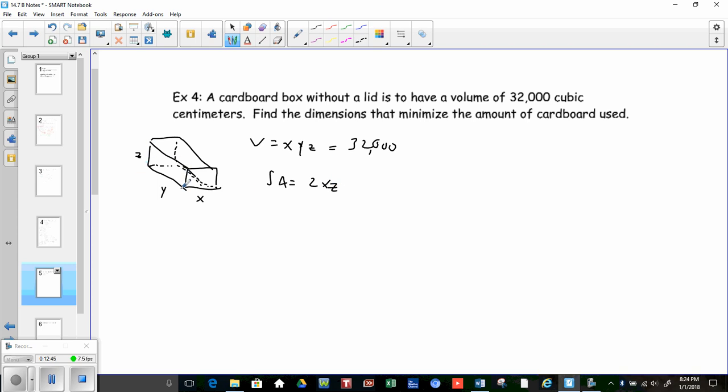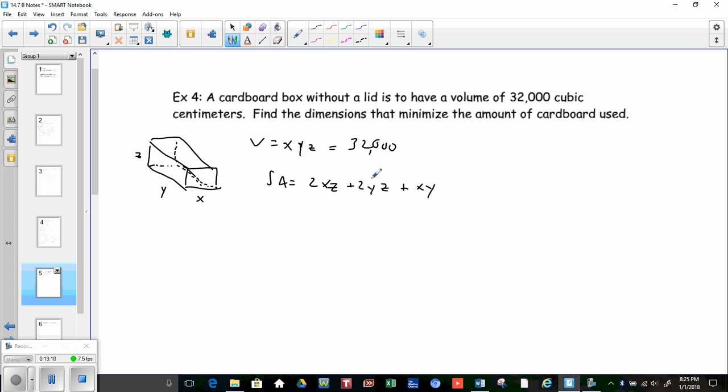I have two of these side pieces right here, and right here. That's a YZ, so I'm going to have two of those. And then I'm only going to have one bottom, the base of this thing, because it says it doesn't have a lid. So it's going to be an XY, just one of those.